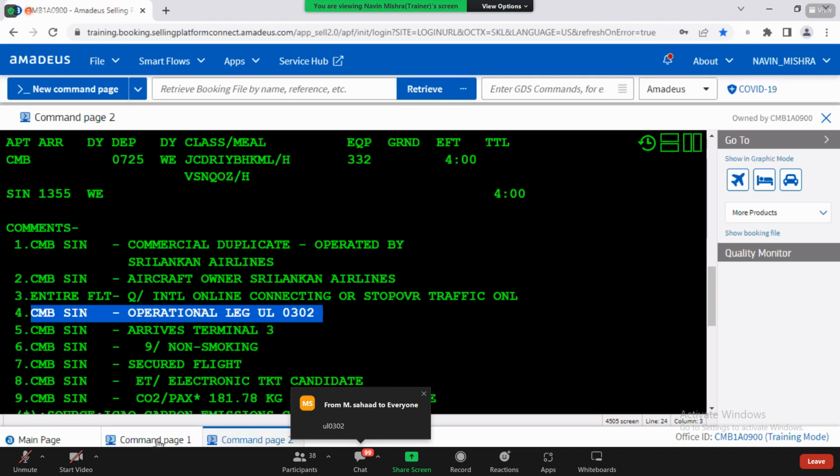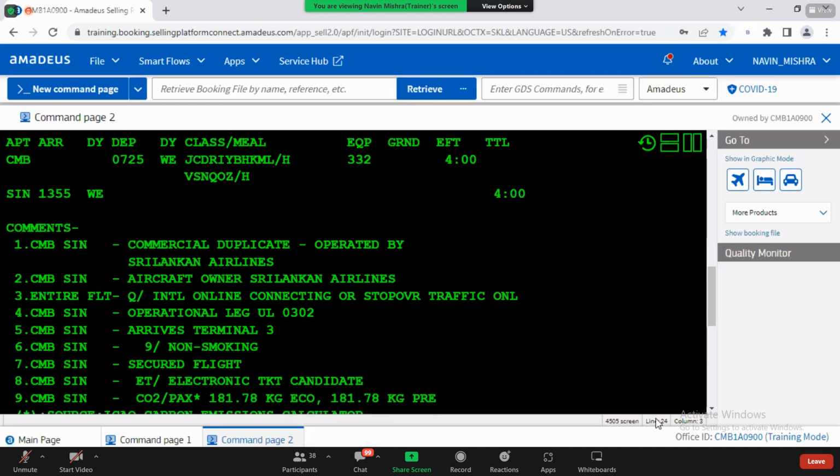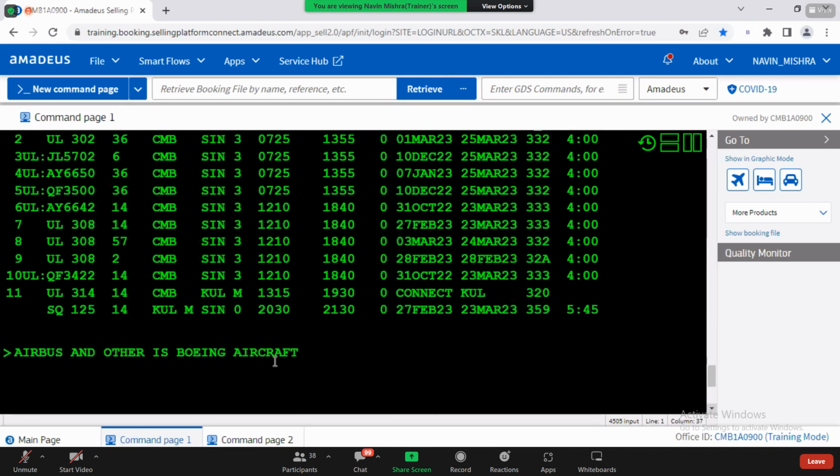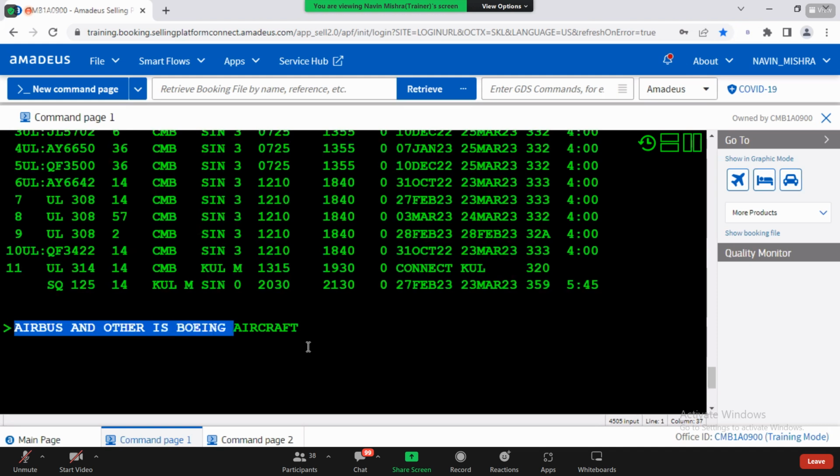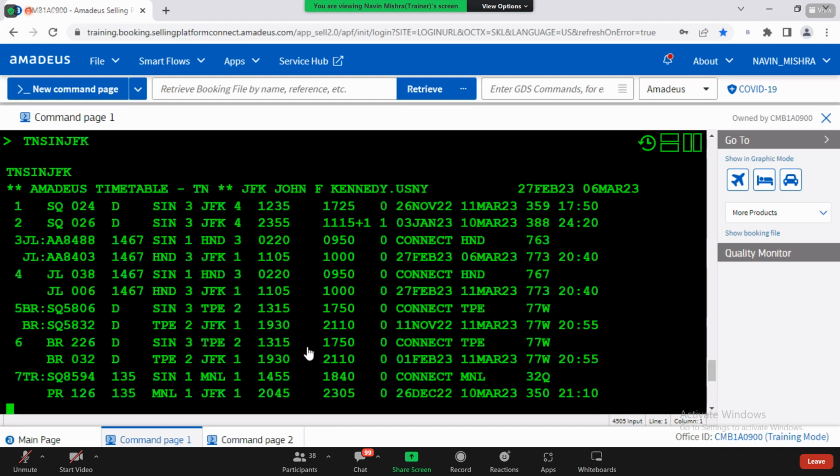Now moving to the next topic, the next information. Let me do TN, not Colombo, Singapore to JFK. Now you all tell me at line number 2 the flight number.